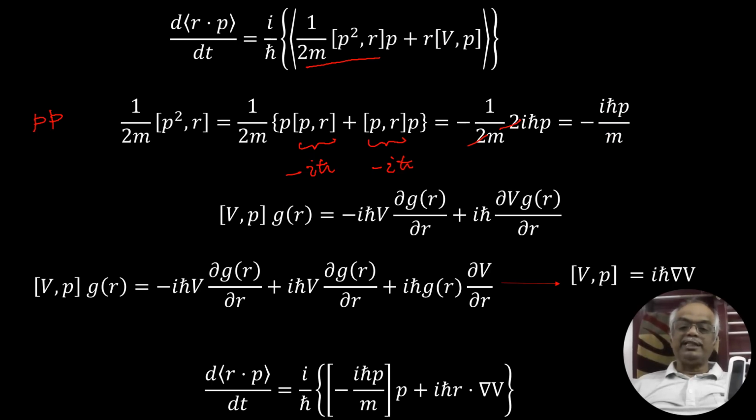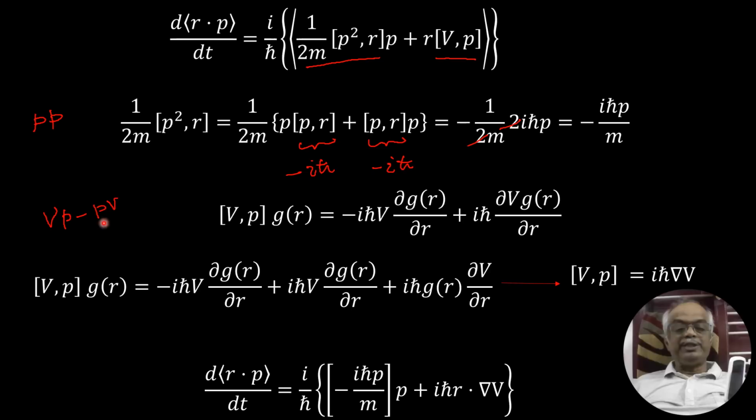Now you take the second commutator. We will multiply later by R. So you get the commutator of V with P acting on some arbitrary function g of r. The commutation relation can be written as VP minus PV.